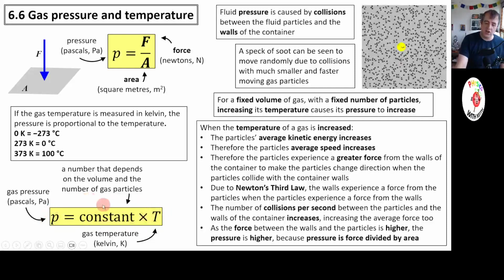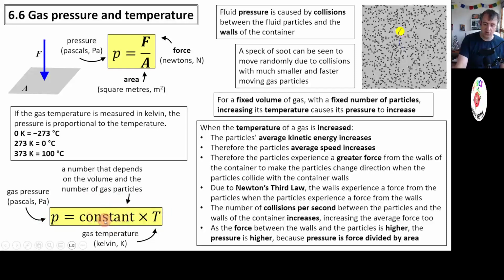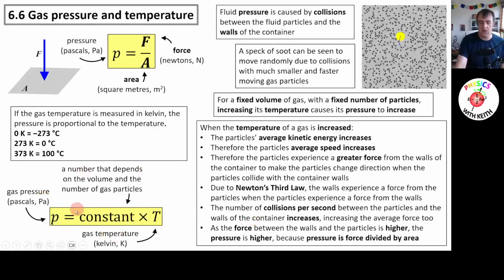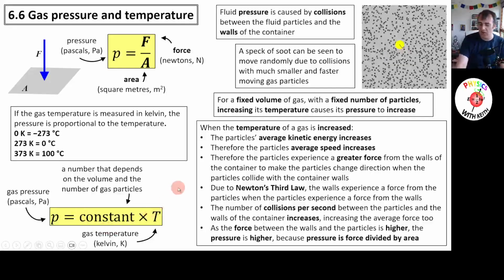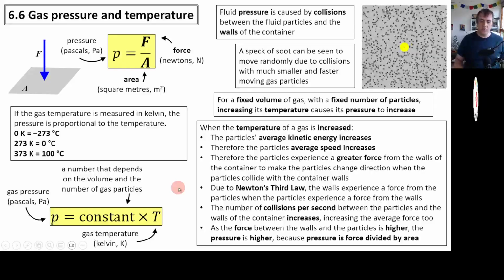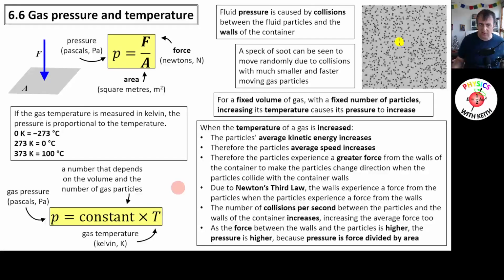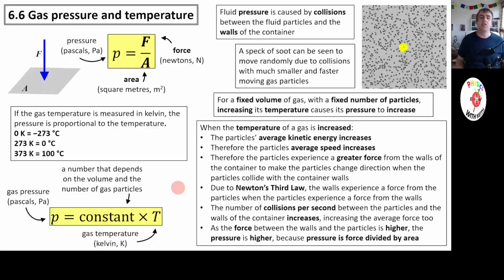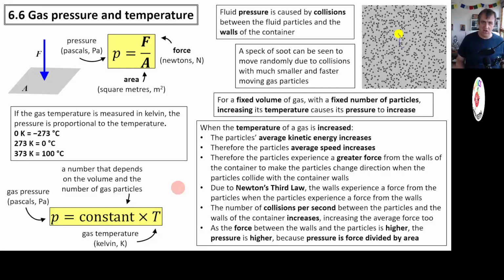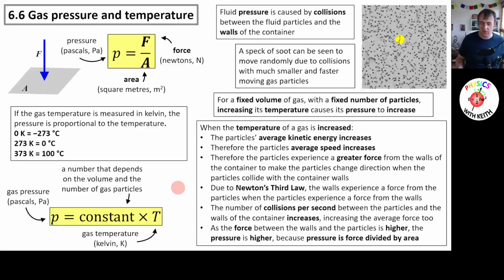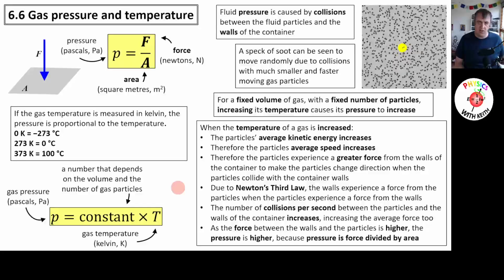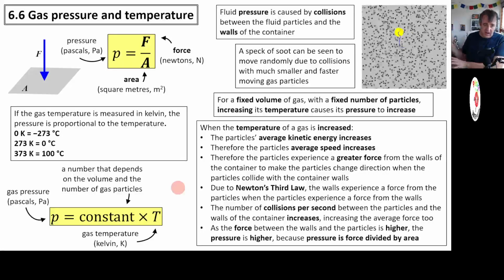So this equation, where this is just some number, some constant, is one that you are given, but you need to be able to use it. In most situations, you'll be given a pressure and a temperature either before or after some change. Then you'll be given either the pressure or the temperature after some change, and you'll be asked what's the other variable. So you just have to calculate the constant from one situation and use it in the next situation.